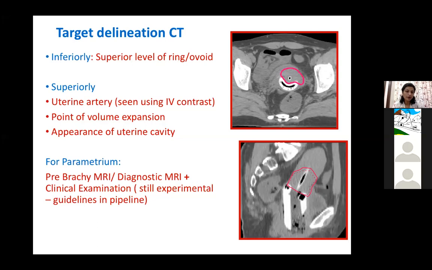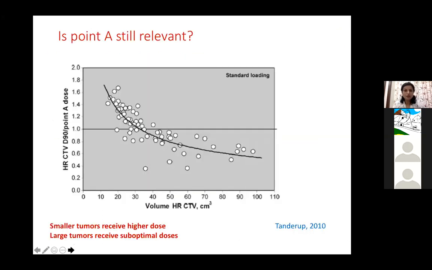do a fair estimation. So this has been done in our department, but like I said, this is still experimental, because an incorrect delineation of a target on CT can be more detrimental than beneficial. So you have to be very sure. So now, since we are somewhere in between point A and image-guided brachytherapy and CT scan, is there still a relevance of point A?